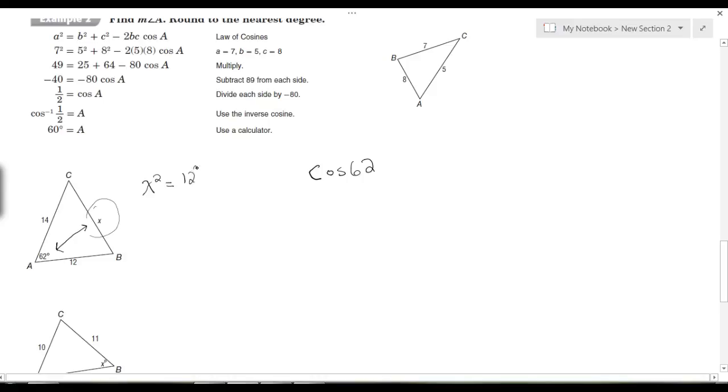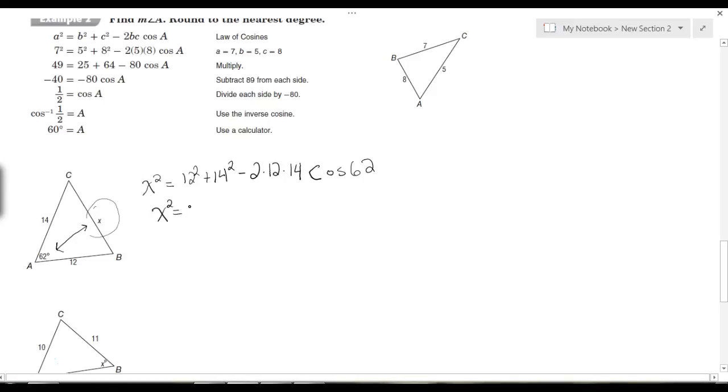I get 12 squared plus 14 squared minus 2 times 12 times 14. So let's go ahead, start to multiply some things out.